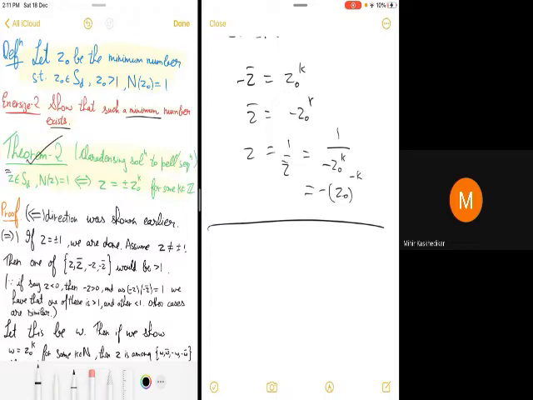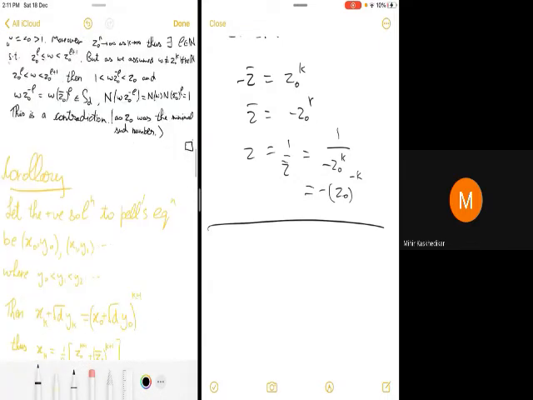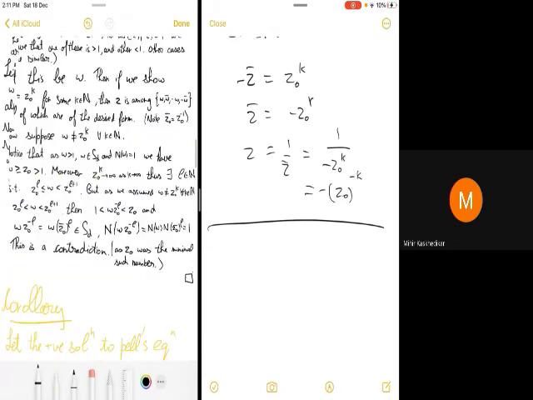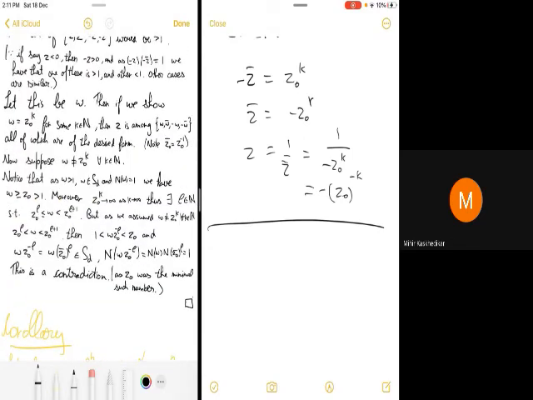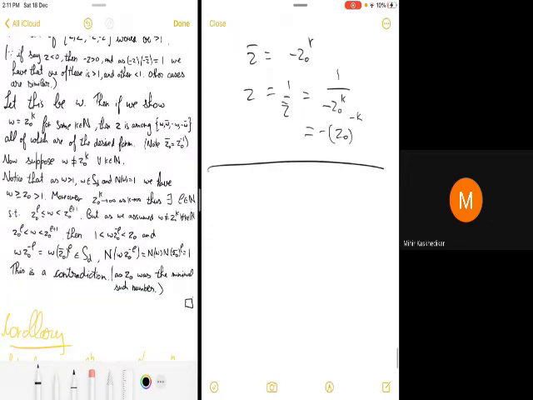Okay. So up till now we did this. Assume that there exists a solution z naught to this alternate version of Pell, greater than 1.